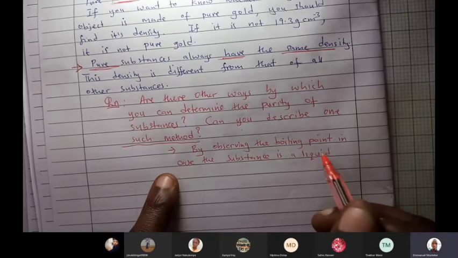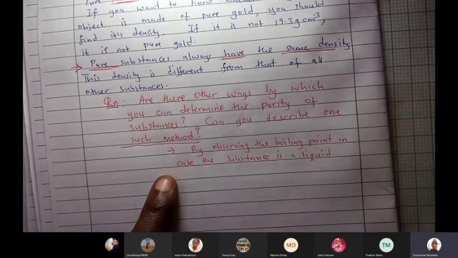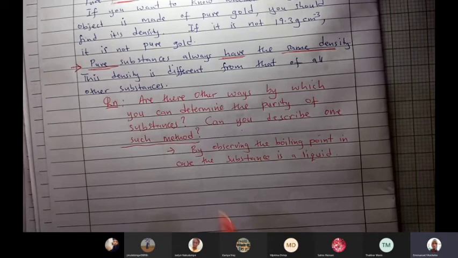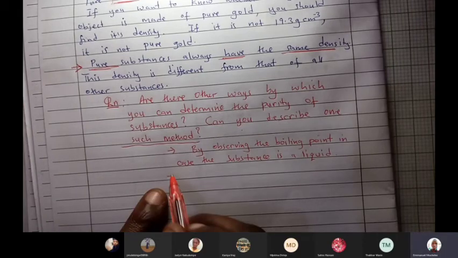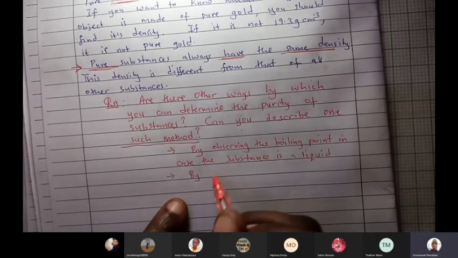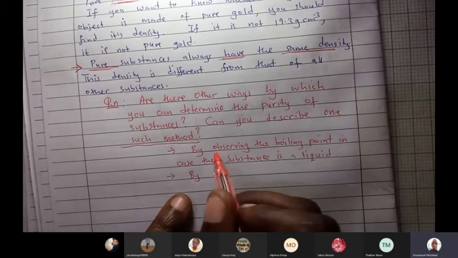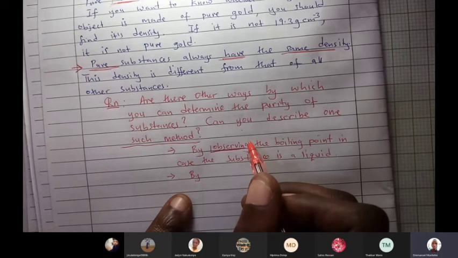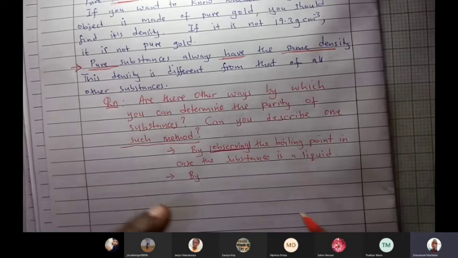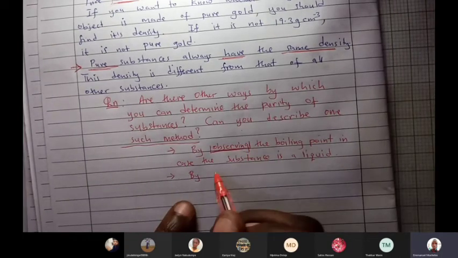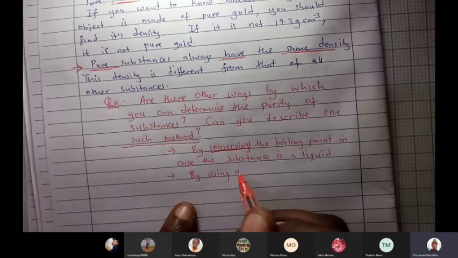Then another method, another person can say by observing or by determining. All of them, they work. But another one can say by using a melting point.